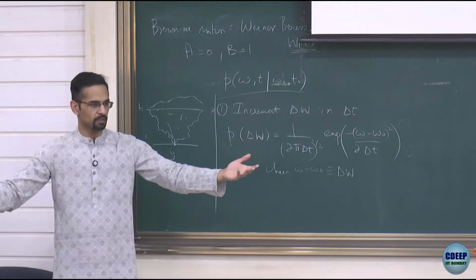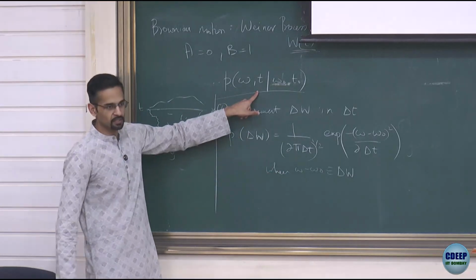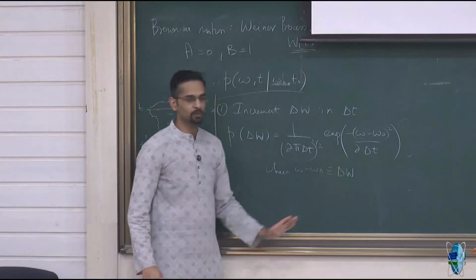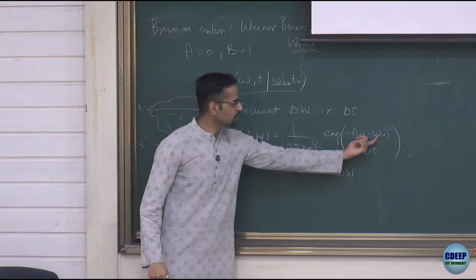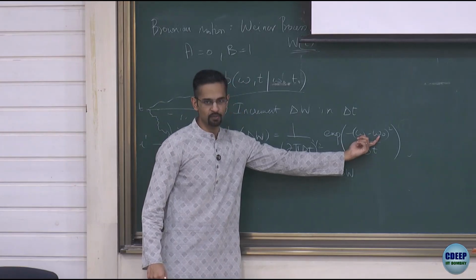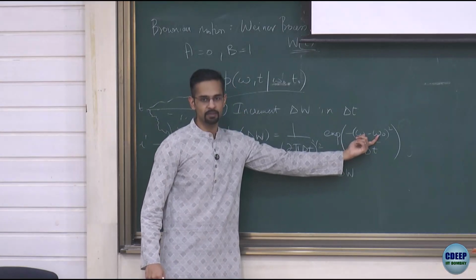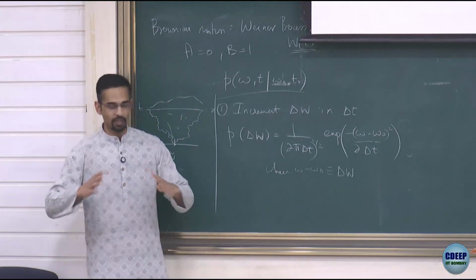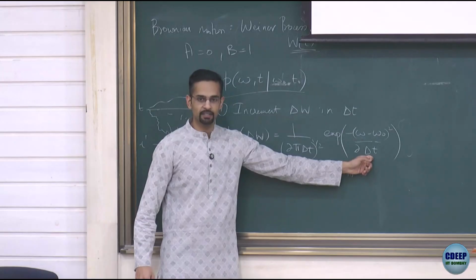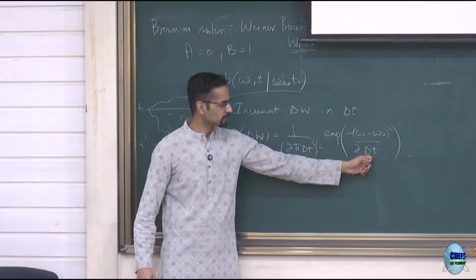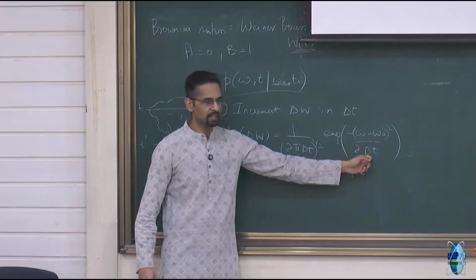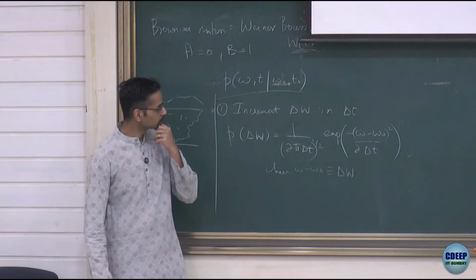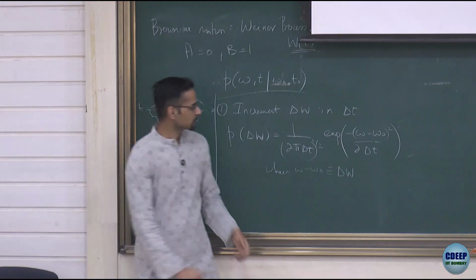What is the distribution? Because I've defined the process this way, a process that follows this Fokker-Planck equation will have exactly this distribution of steps. I've just written it here to emphasize that I've got it from solving the Fokker-Planck. So in other words, the distribution of steps will be a Gaussian whose variance goes like delta t, so the standard deviation is like root delta t. So is that 2 delta t? Yeah, 2, sorry.